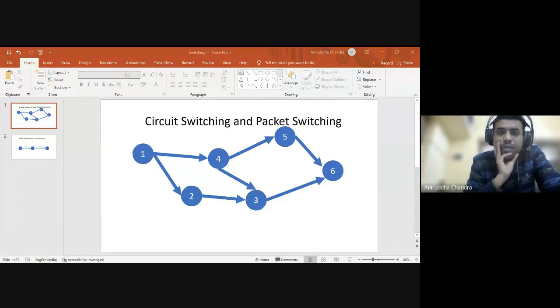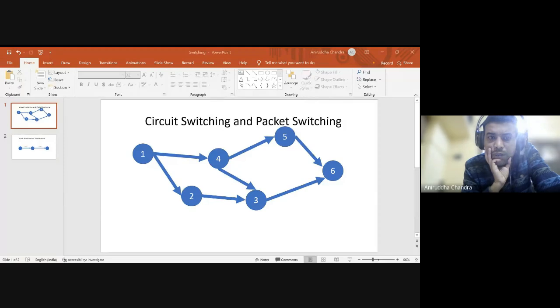So I hope you can see a diagram opened on my PPT screen. There are certain blue circles and certain blue arrows. I hope you can see that. Okay, so my point of sharing this is that we are trying to relate the idea of nodes and links, which we use to describe any network, to computer networks.